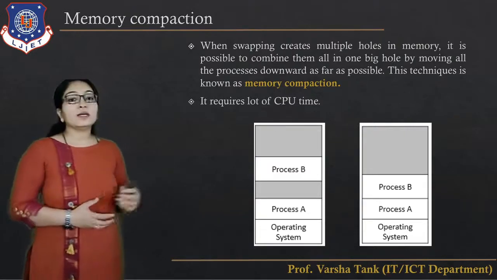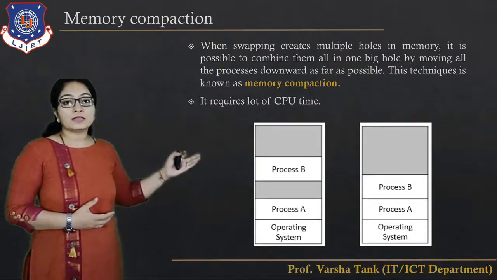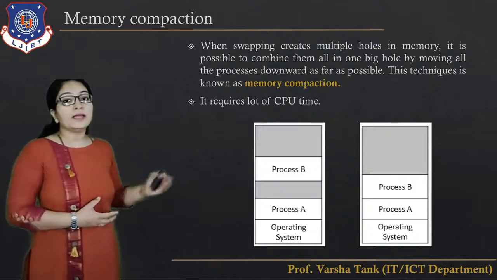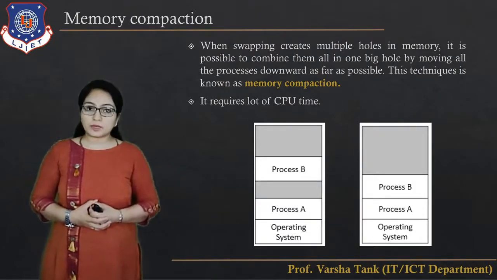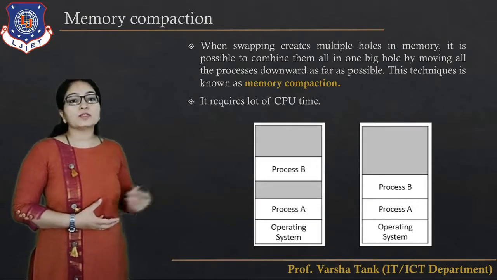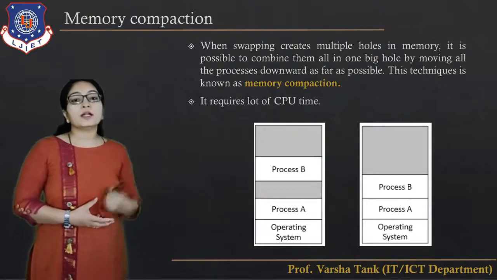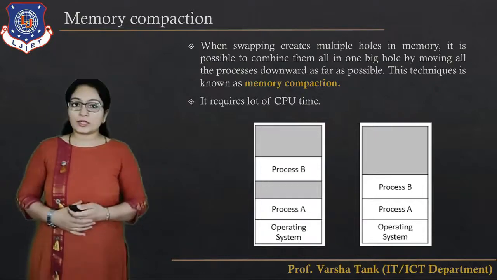In this figure you can see process A is working and process B is working, meaning they are in the active state. Between process A and process B there is free space. So we will move process B towards process A. So there is a continuous allocated space and a continuous free space. That is known as memory compaction. Got it?